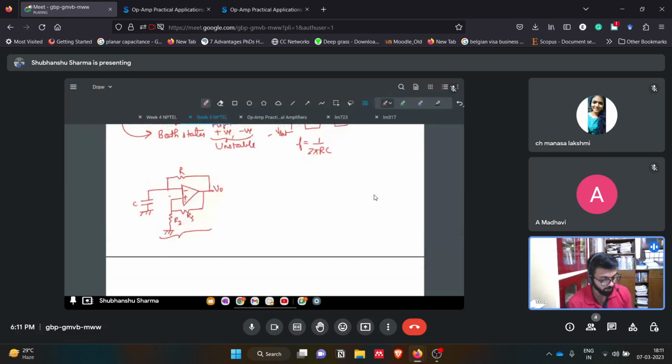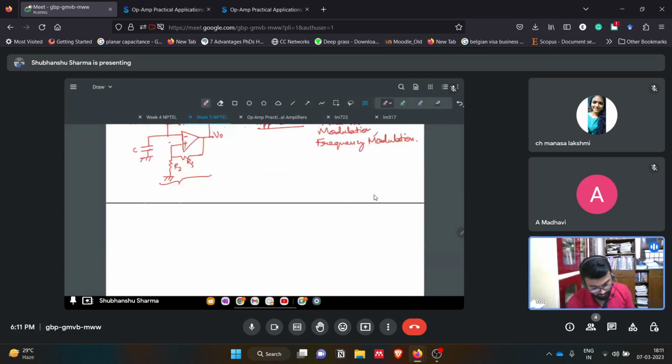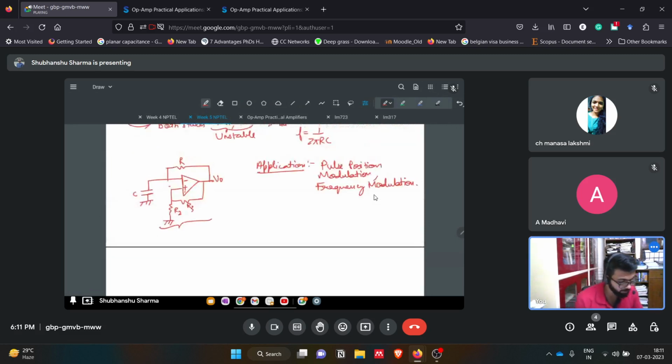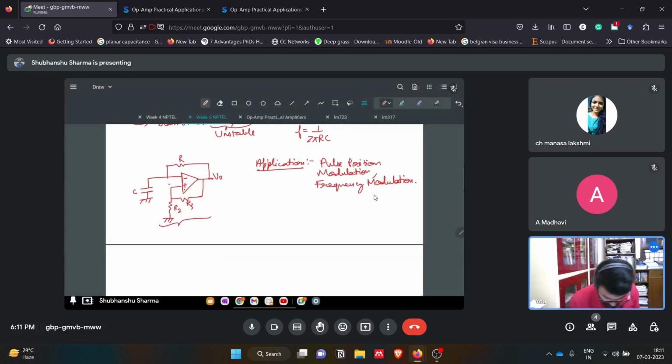But before that, if we talk about its application, this multivibrator can be used in pulse position modulation and frequency modulation also. Now we will see how this will work.